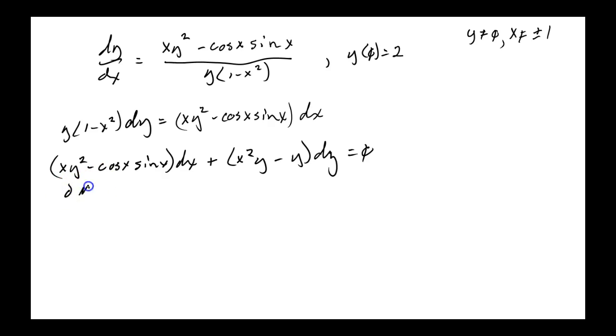The partial of M with respect to y. Okay? And what would that be? Two xy. Done. Because the rest are x's. Right? Now let's do this one. What do we do here?